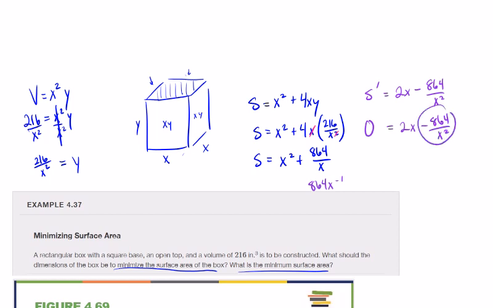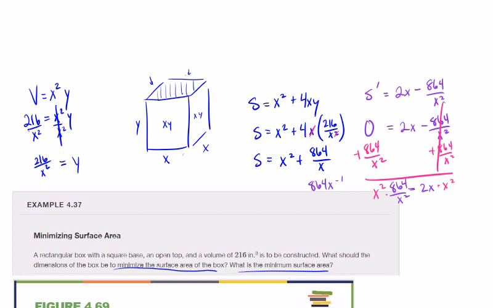So I'm going to add this to both sides, and we'll end up with 2x on the right, and on the left we'll have 864 over x squared.